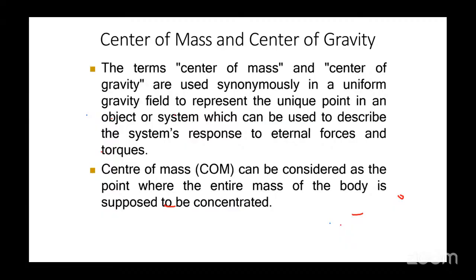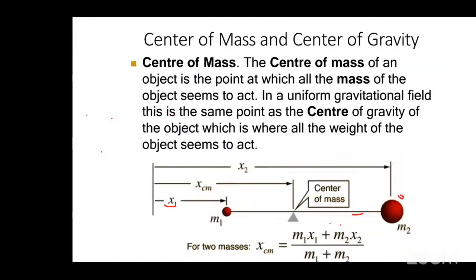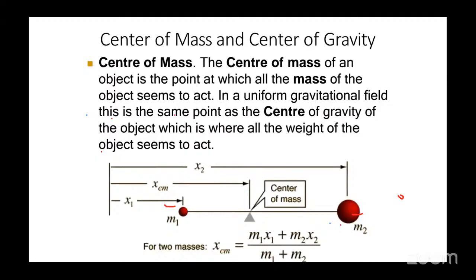Now, when you hear the word center of mass, what will come to your mind is the center or the balance point of the object, a point where the object can be kept in balance, in an equilibrium state. So that is center of mass. Center of mass can be considered as the point where the entire mass of the body is supposed to be concentrated.